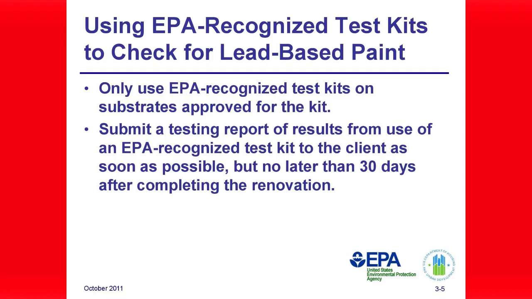The date of testing, identification and contact information of the certified firm and certified renovator performing the test, the test kit manufacturer's name, kit identification number, location of surfaces tested, descriptions of the surfaces tested, and the results of testing must be included in the report to the owner, as you will see in the forms that will be provided for practice.